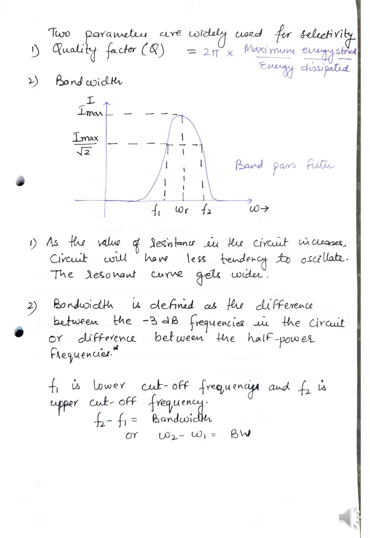So the channel should be providing you better quality of service. So for that, the quality factor should be as high as possible. Bandwidth is the range of the frequencies for which you will be able to access the channel.